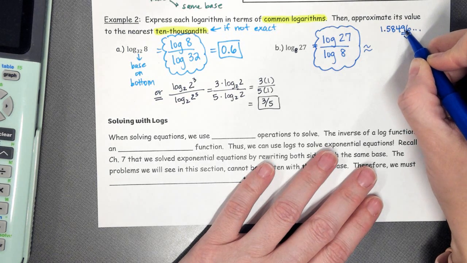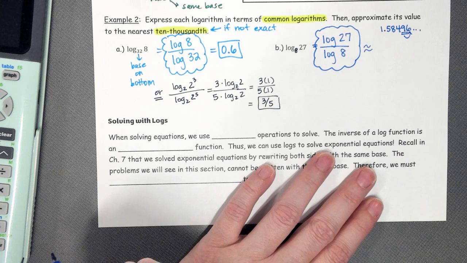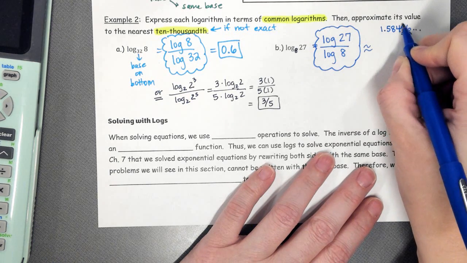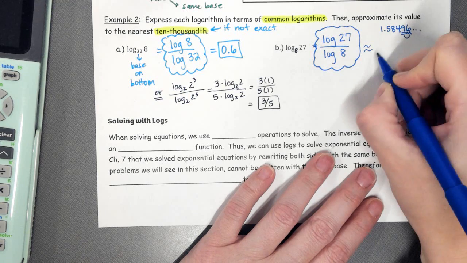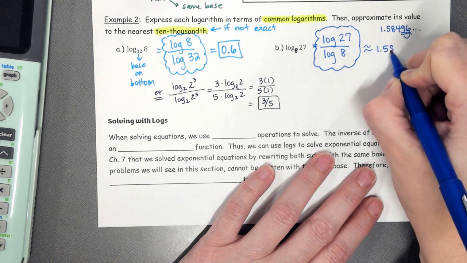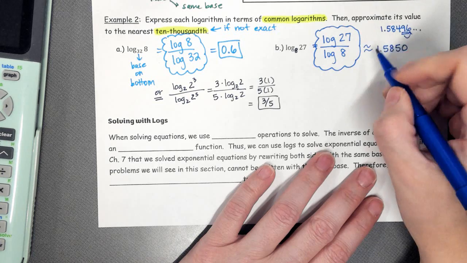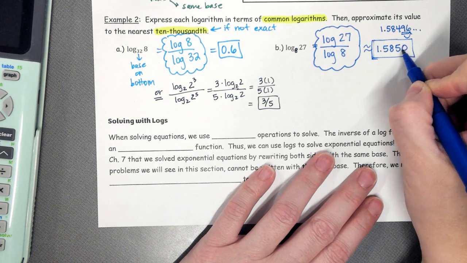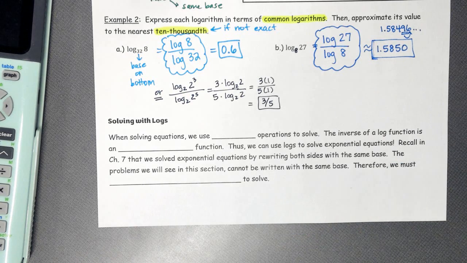If it's a 9, what does this do? Yeah, so if this is a 9, look at this number. What's 1 up from 49? 50. So it's 1.5850. Do not forget that 0 on there. When you're rounding, if it's not exact, you have to keep that 0. Okay?